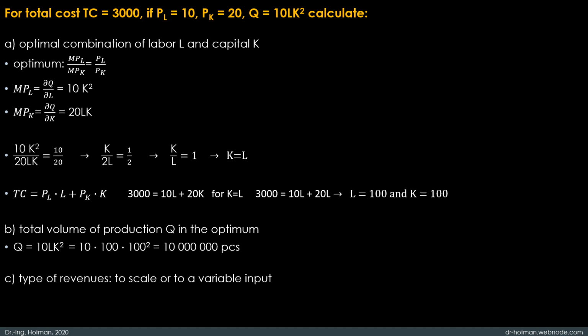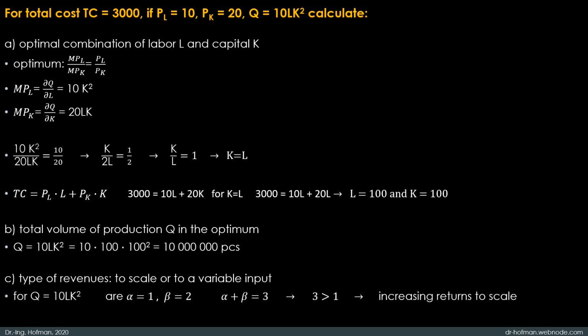And in the last point, you should determine the type of returns, if they are to scale or to a variable input, or if they are increasing, decreasing or constant. So for Q function 10LK squared, we know that the alpha exponent by L is 1, and the beta exponent by K is 2.